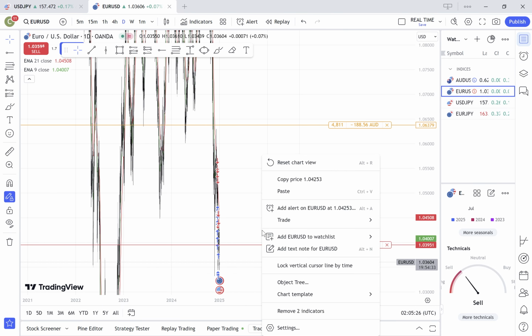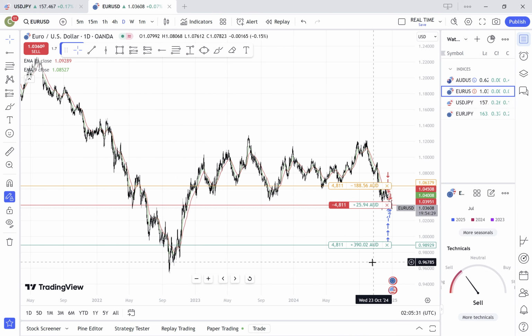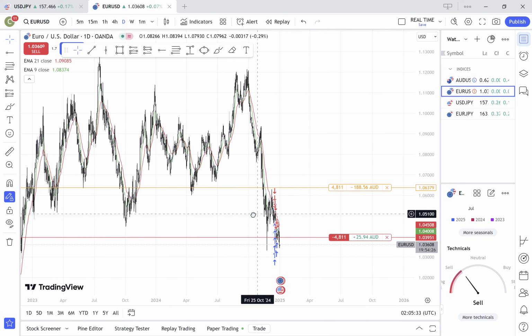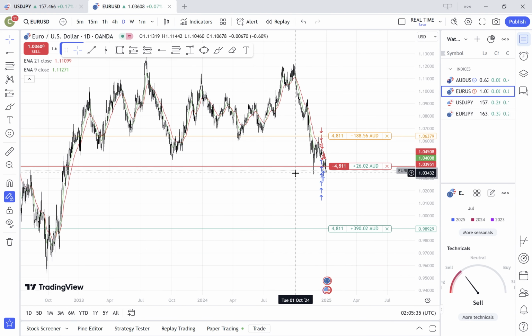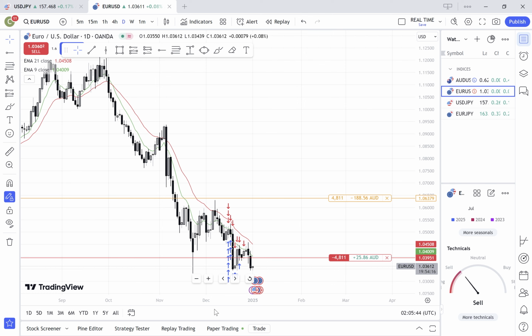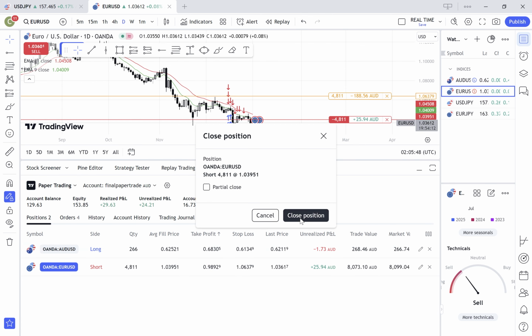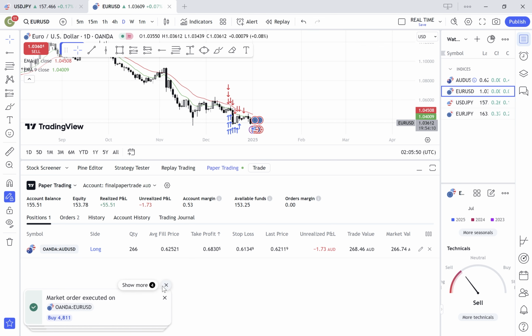Actually, if you see here, if I zoom out, the price is consolidating around that area for the past few days. I think it's not going to be worth it to take the risk. So yeah, I'll be ending this trade now. Let's end this trade. Close the position. All right, so well, I'm good.